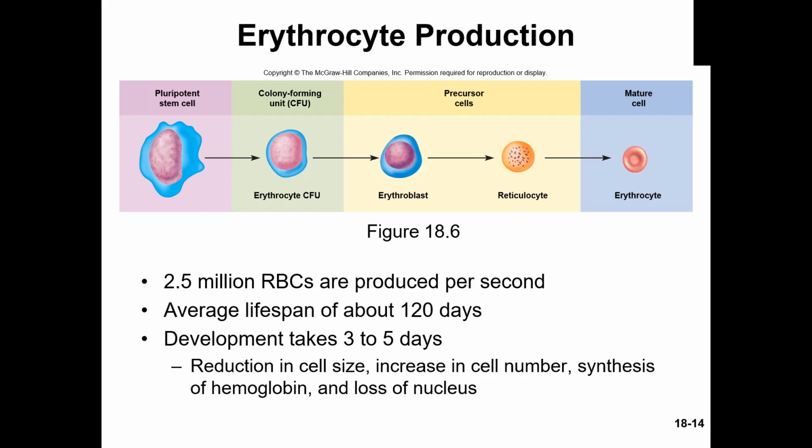The erythroblast will then form into the reticulocyte, and only about 1.5% of all red blood cells floating around that are measurable are reticulocytes. The rest of them get formed into the mature erythrocyte. The lifespan of that mature erythrocyte is 120 days. The development takes 3 to 5 days from the stem cell to the mature cell.